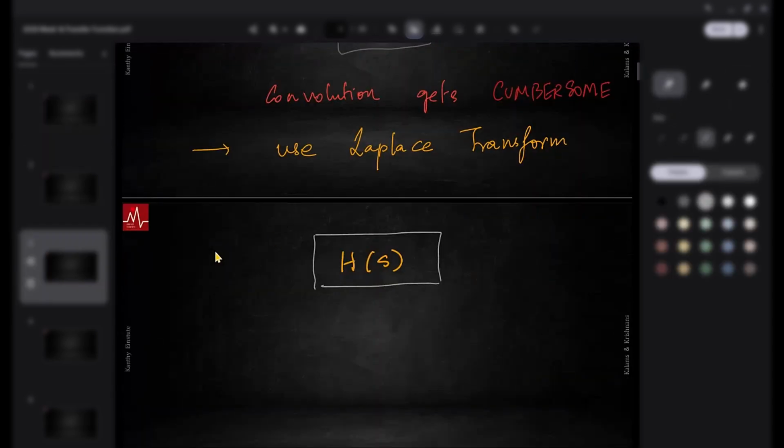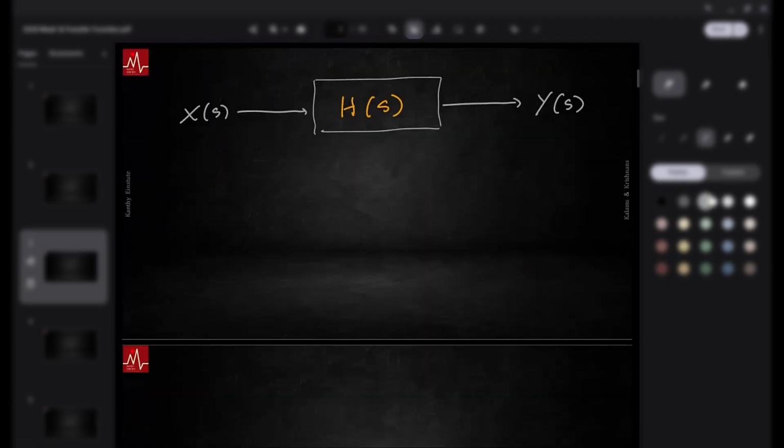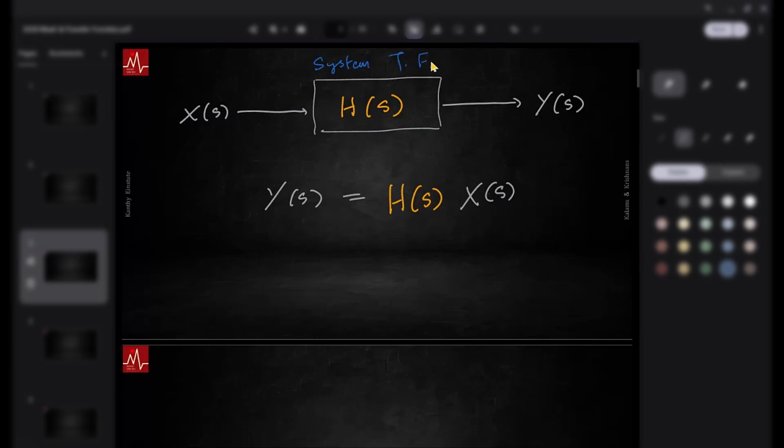And here you have this input x of s, you get the output y of s. Life is drastically simplified. Your y of s is just the original x of s, changed by the system transfer function.